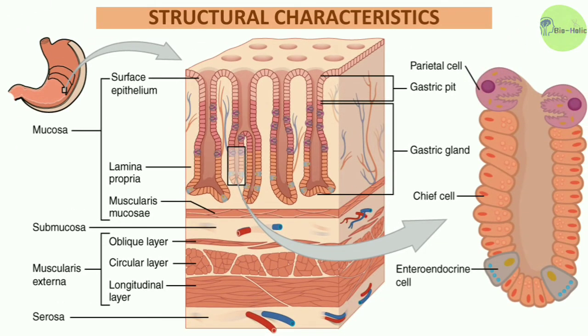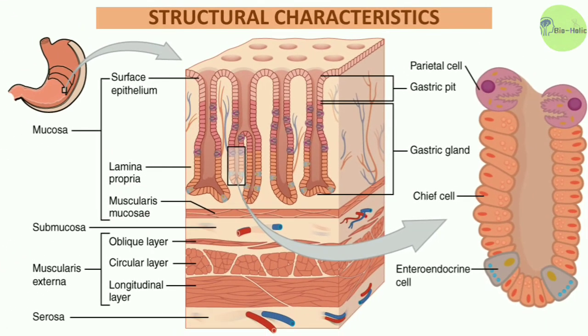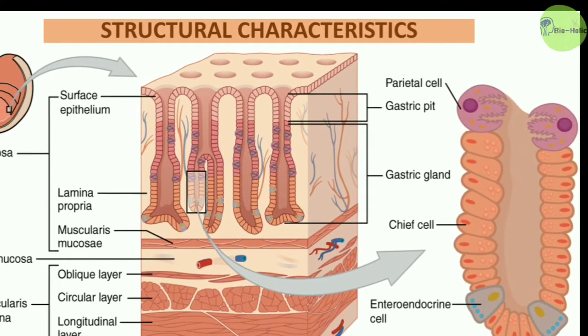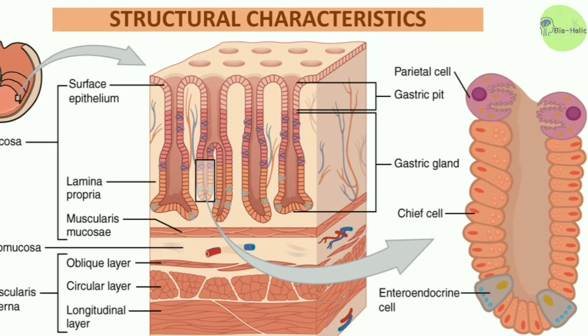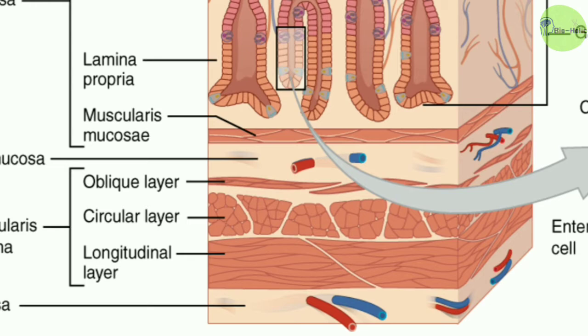There are special types of cells present in the mucosal layer, the parietal cells and chief cells. The function of those cells will be discussed later. There are gastric pits and gastric glands in the rugae area of the stomach. And the muscularis part has 3 layers: the oblique layer, the circular layer and the longitudinal layer.